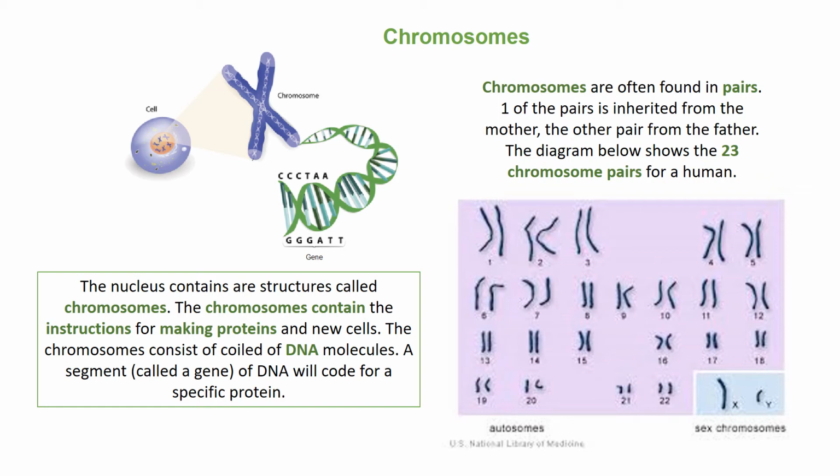If you notice on the diagram on the right, the 23rd pair are your sex chromosomes. 2 long strands would denote an XX pair, which would be female. And, as shown here, 1 long strand and 1 short strand denotes an XY pair, which would be male. Where do the 23 pairs come from? Well, 1 from each pair would be from your mother and 1 would be from your father.